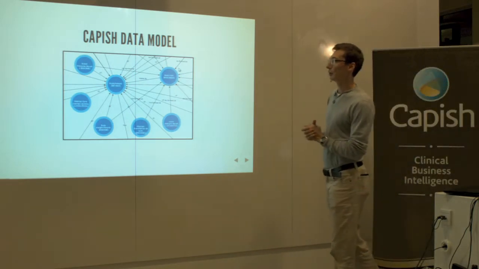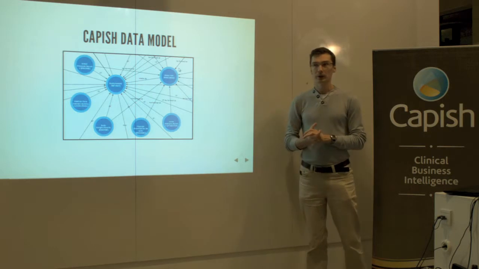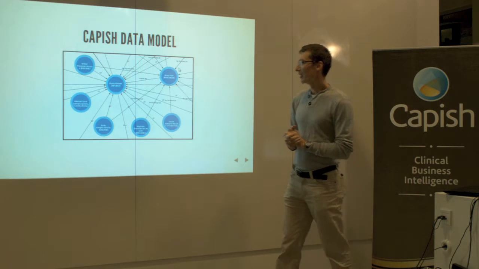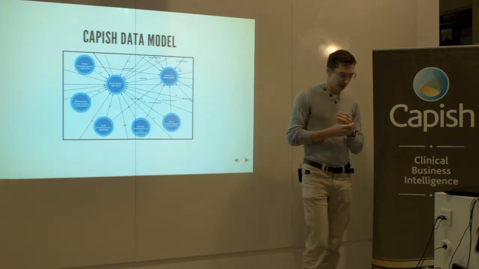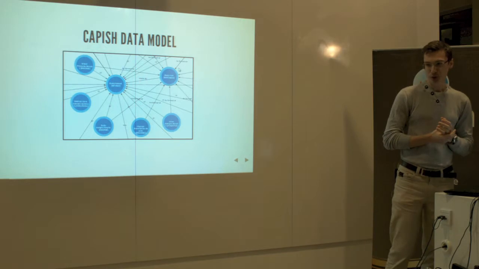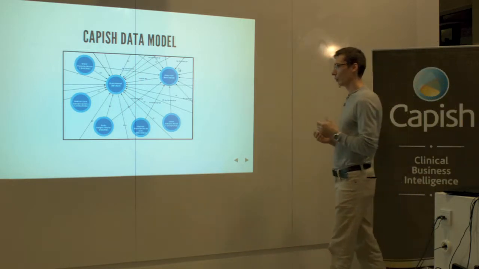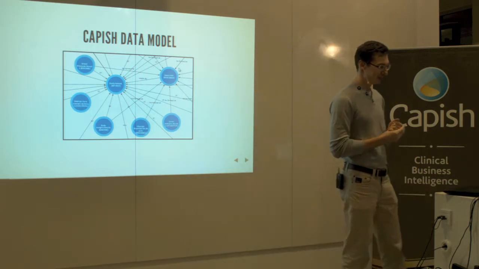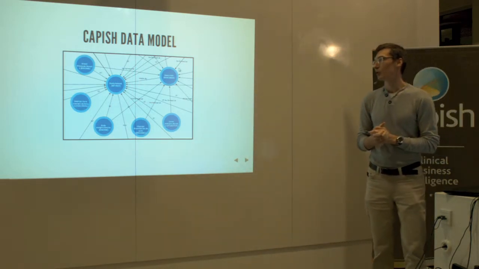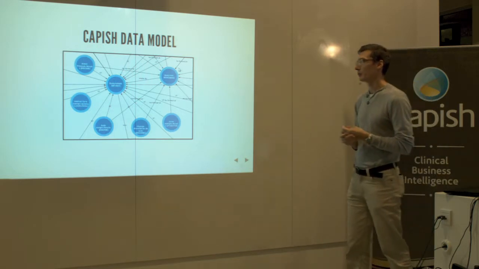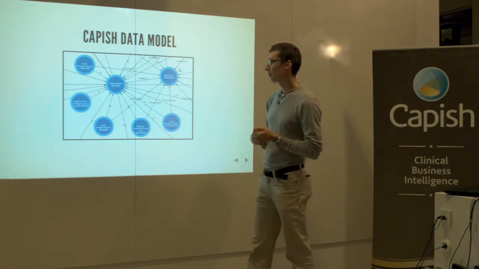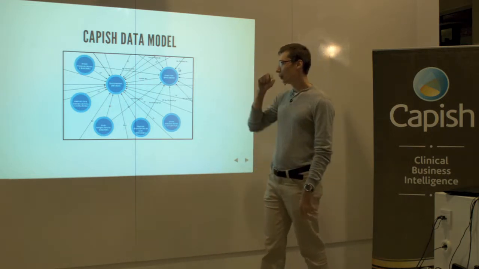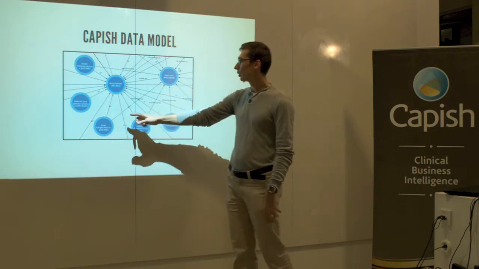As said, first about Capish, what we do. As I said, we develop knowledge management solutions, and knowledge management means that, of course, we use computers, so we need to represent the knowledge somehow formally. So we need to have a data model, and our data model happens to be a graph with nodes and edges, which we call relations.